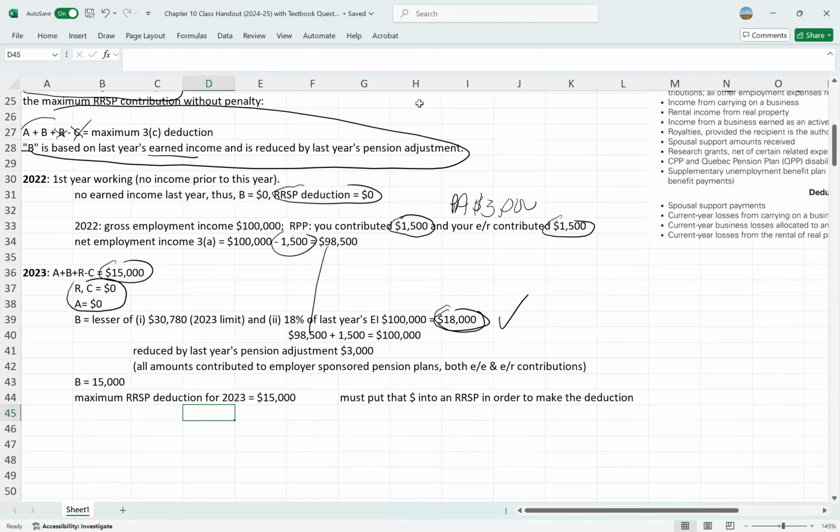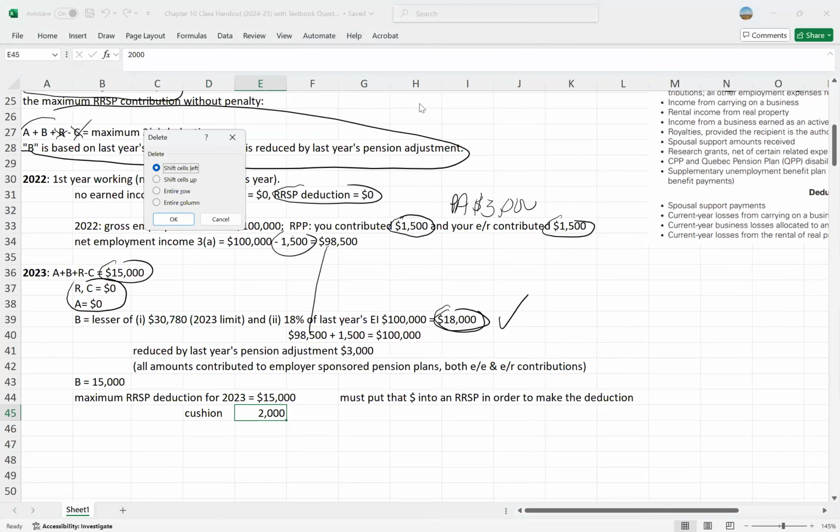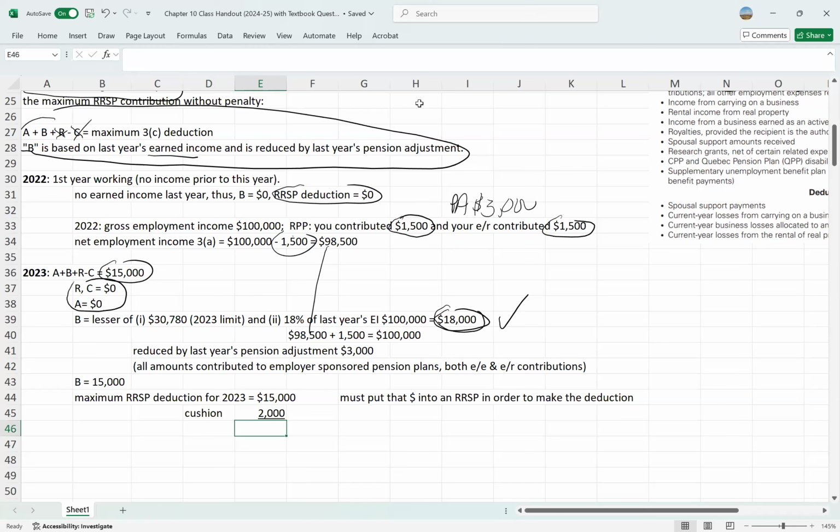Now, to that number, we could add what we call this cushion. And the cushion is basically an additional $2,000. And if we add this cushion of $2,000, that's going to give us $17,000.